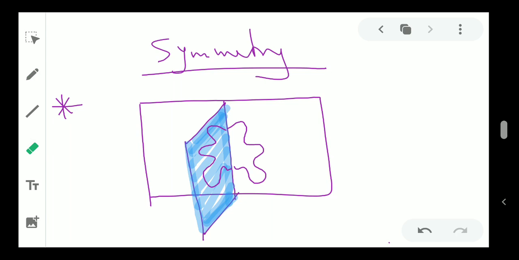You can also try one more thing: if you draw like this, you will see that automatically in the mirror you can see that you have drawn an A. So try to draw as many alphabets as you can.